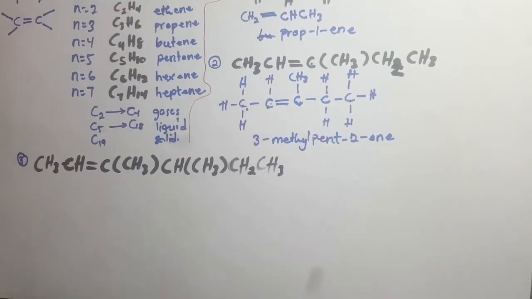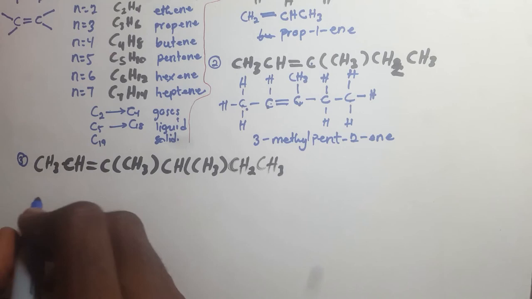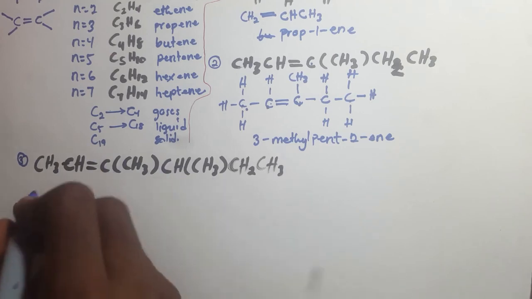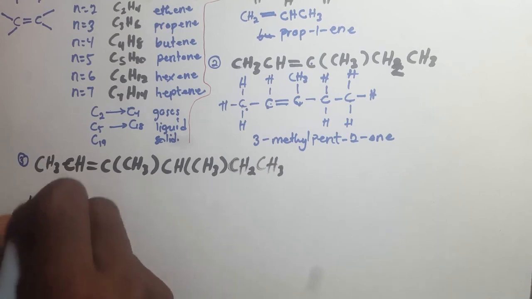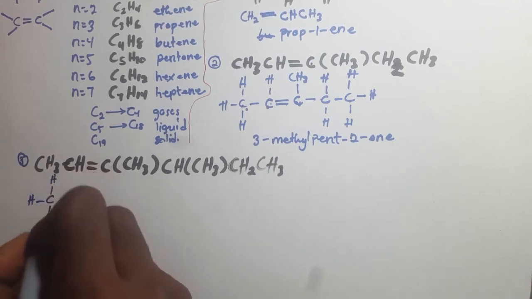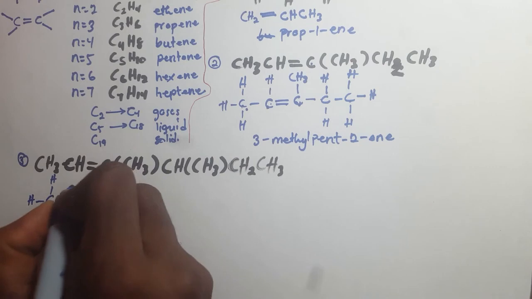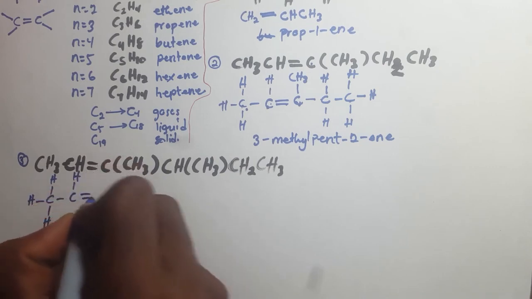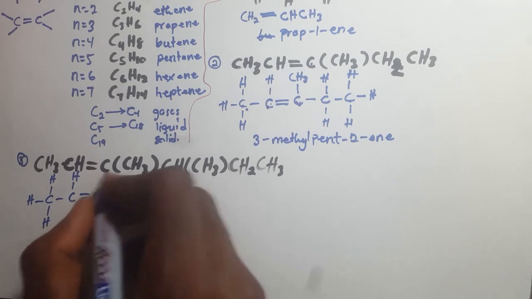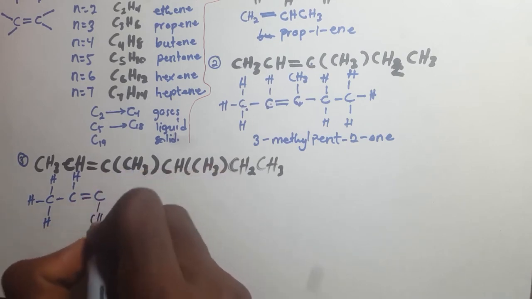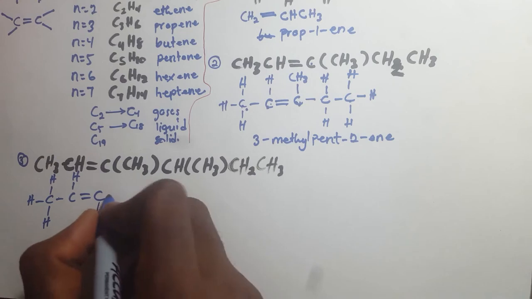This structure looks very long, but we can simplify everything by drawing the structural formula. So this first one, the C has 3 hydrogen atoms. Then you have another C with a hydrogen atom, then double bond. So 1, 2, 3, 4. Then you have a C here. Now this C has an alkyl group, so CH3, or a substituent.